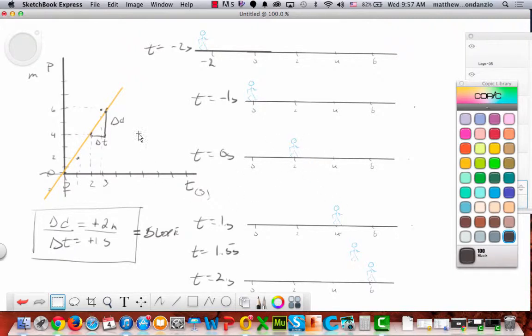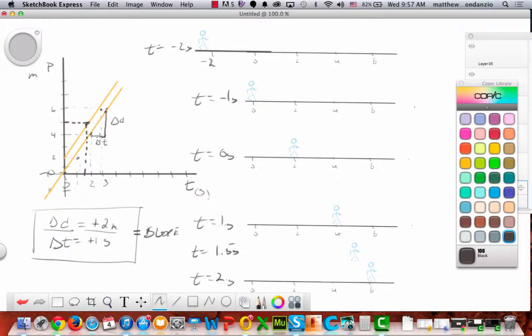So really, in this scenario, where's my slope? It starts at 2 and is at the same rise. Now we're here, right? So if I look at 1.5 seconds, now I'm here.